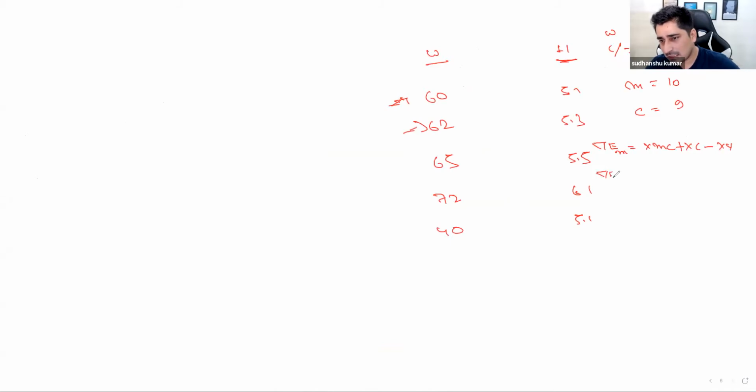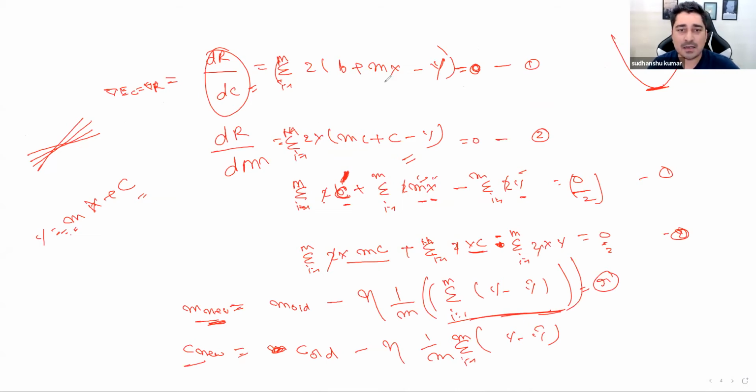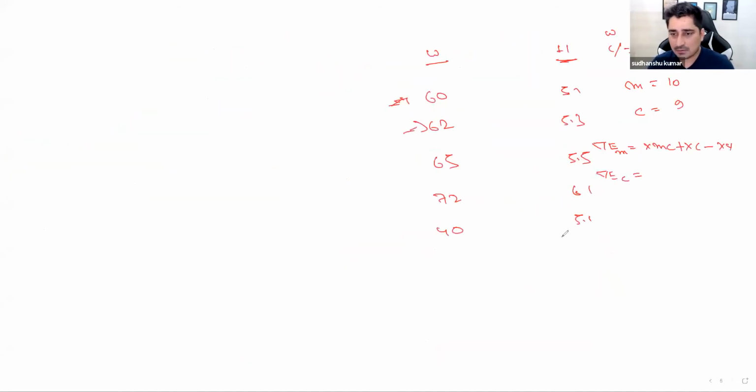And what will be a delta of EC? Can I say that delta of EC is nothing but, what? So C plus MX minus Y, right? So C plus MX minus Y, I believe. C plus MX minus Y. Okay, it will be XC plus MX square, I believe.